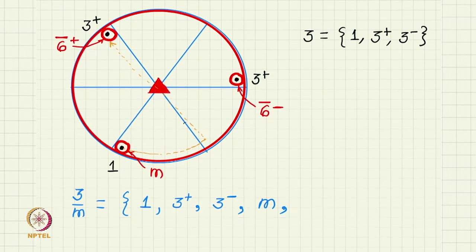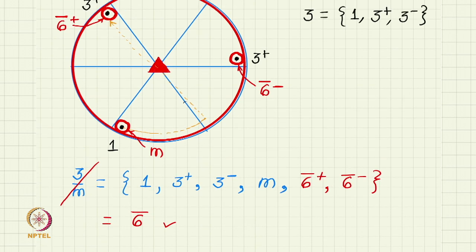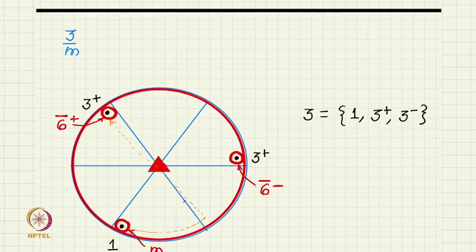So, the 2 additional operations in this group are nothing but 6 bar plus and 6 bar minus, and these were exactly the operations you will recall from the group 6 bar. So, that is why in international convention it was decided not to use 3 by m, but to use 6 bar as designation for this group, which we have already covered.